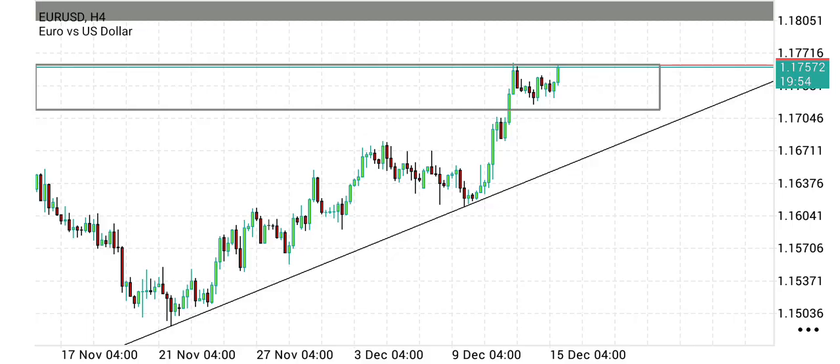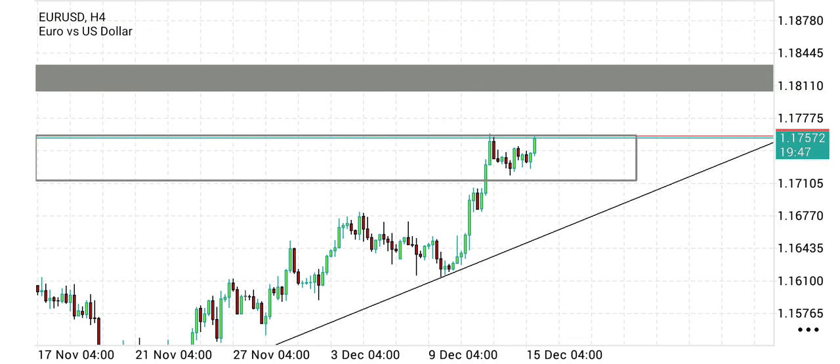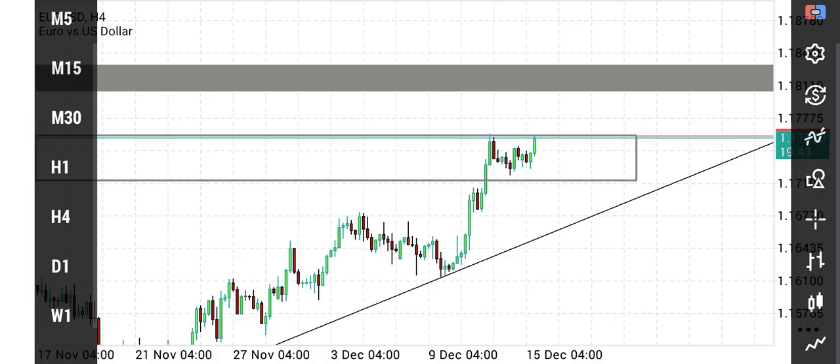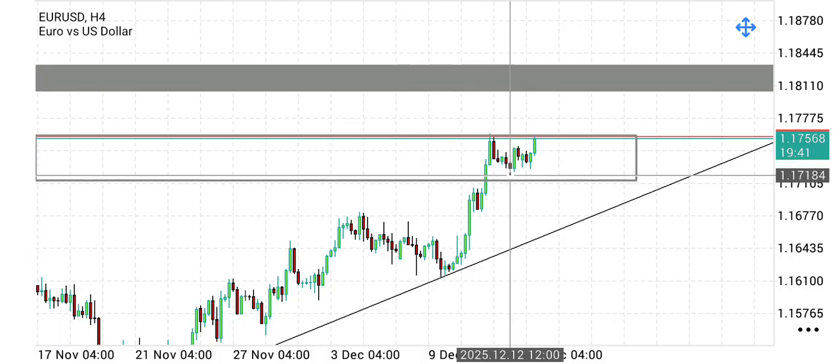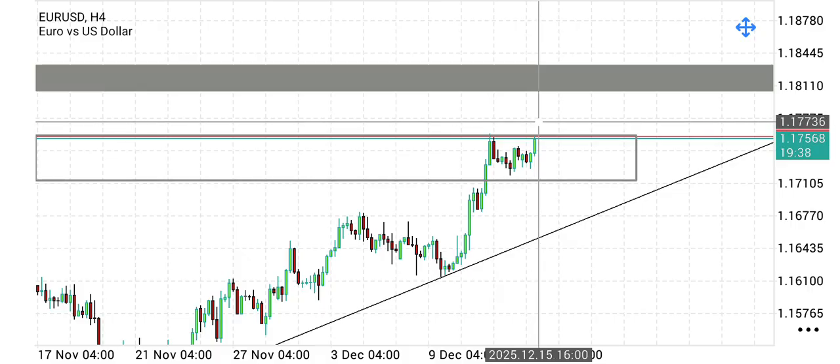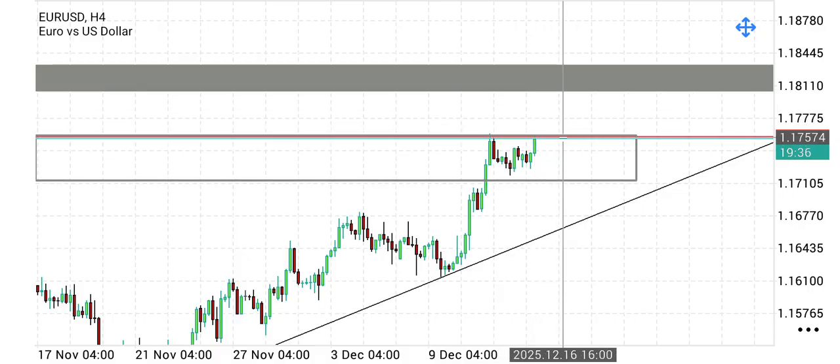So now I'm thinking the price came back to our consolidation box, so we might have two scenarios. The market might break to the upside, then come for a retest, then we're looking for long positions.